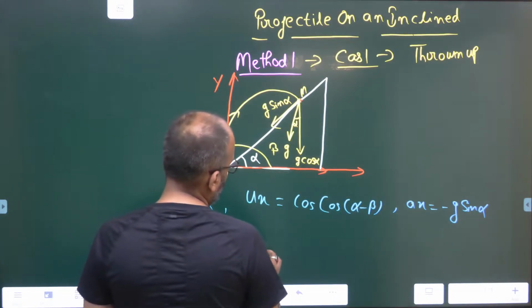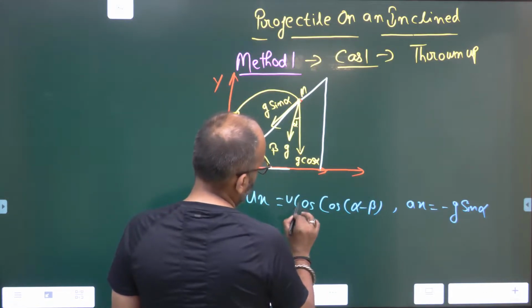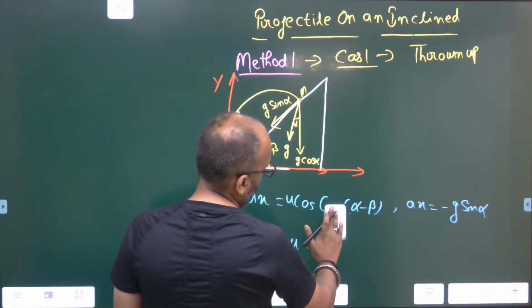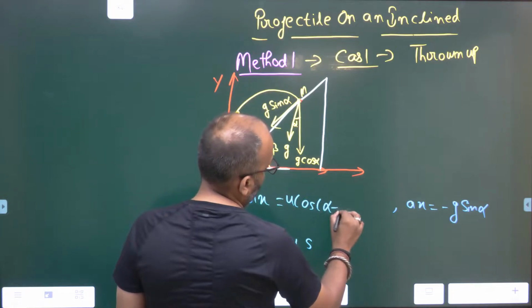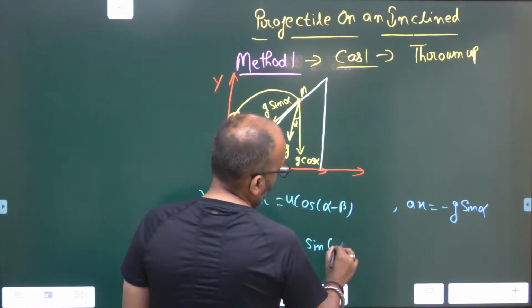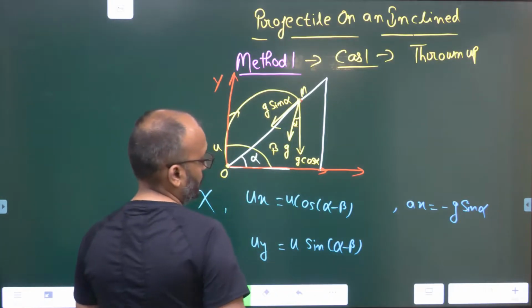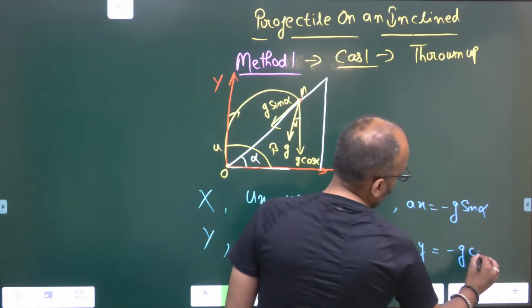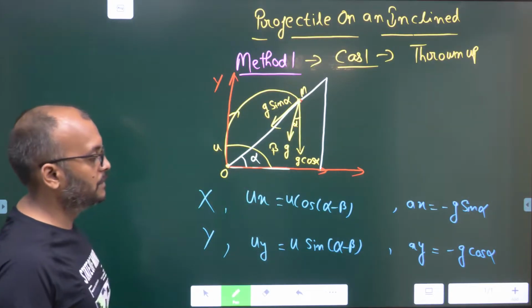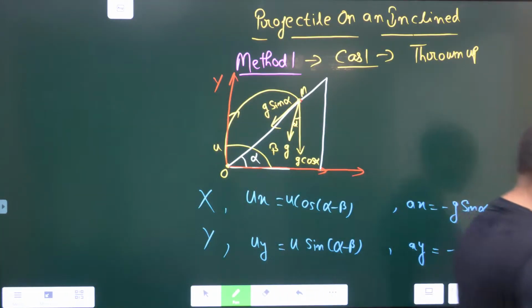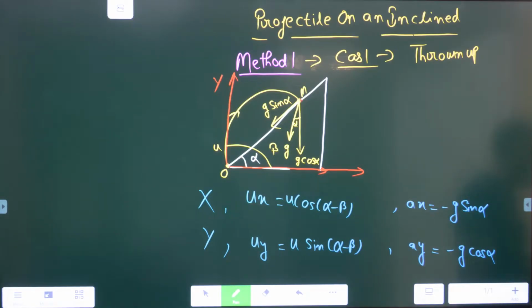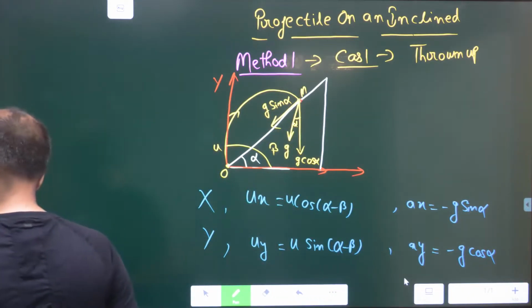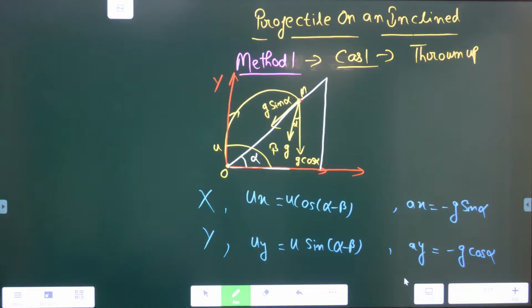Velocity along y will be u sin alpha minus beta, and acceleration along y-axis will be minus g cos alpha. Everyone, please see. Note it down.